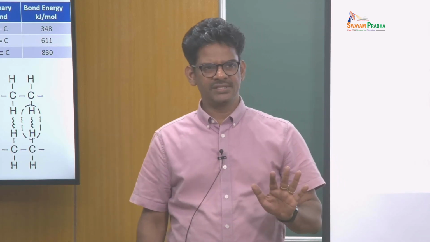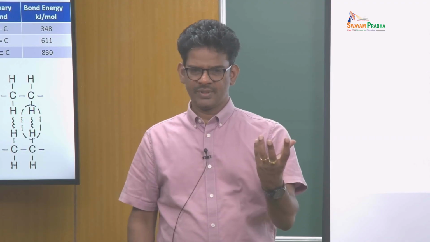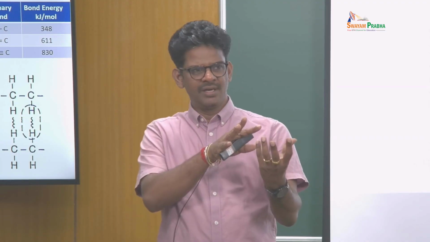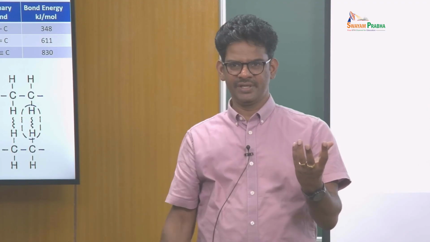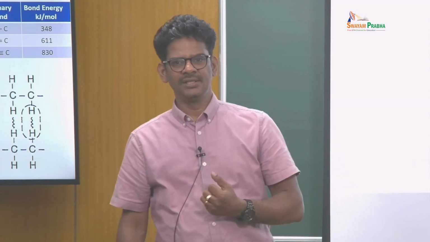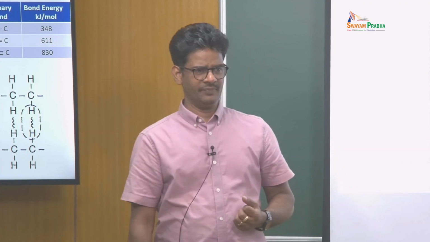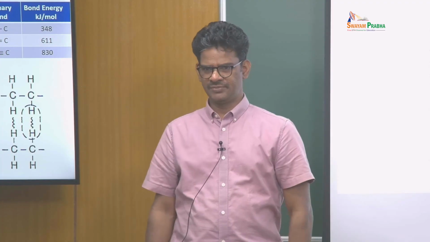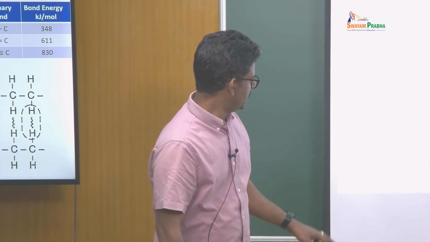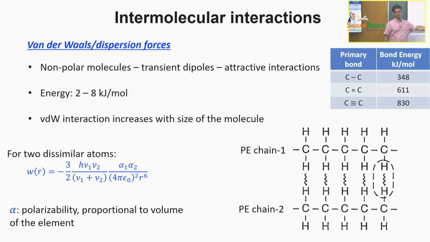It means that if I have a non-polar molecule and I apply an electric field, how much dipole can I induce in it? Those are values that are reported for all the atoms. This polarizability is proportional to the volume of the atom, which is r cubed. If r is the size of the atom, r cubed is proportional to the volume, right? So if you have an atom which is bulkier, bigger, the polarizability will be higher.